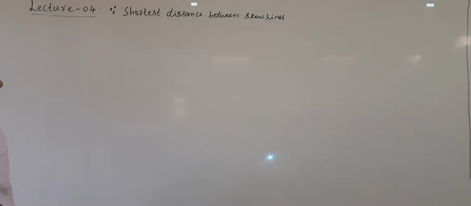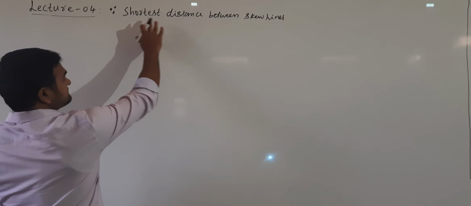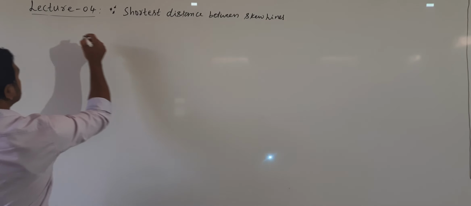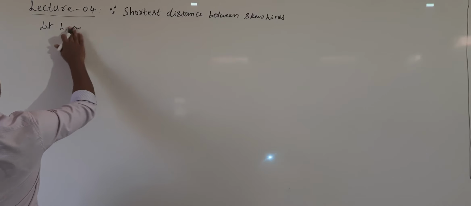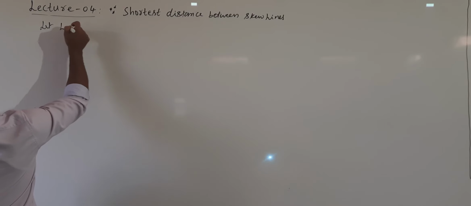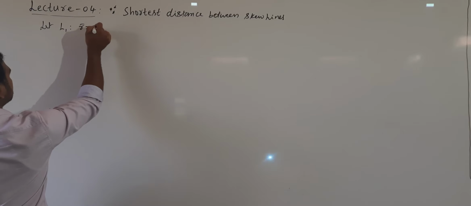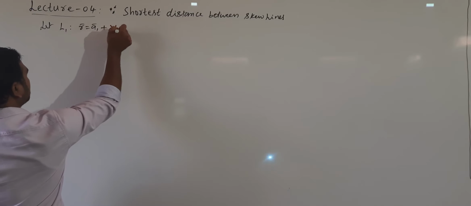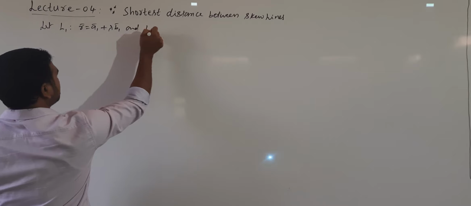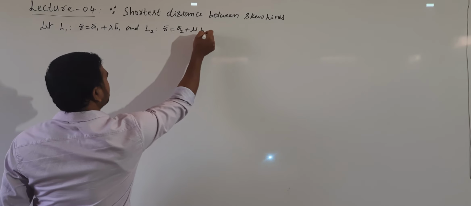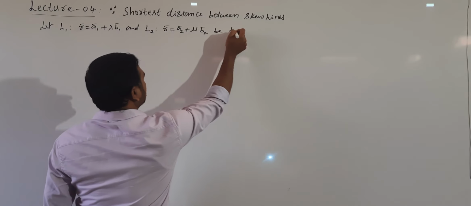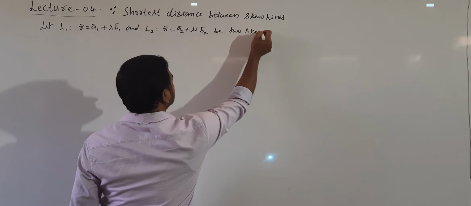So first we take the shortest distance between skew lines in vector form. Let L1 be r bar equal to a1 bar plus lambda b1 bar, and L2 be r bar equal to a2 bar plus mu b2 bar, be two skew lines.